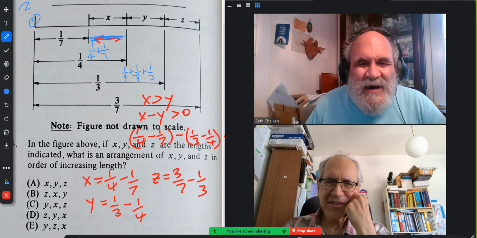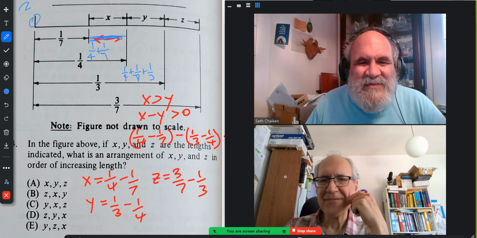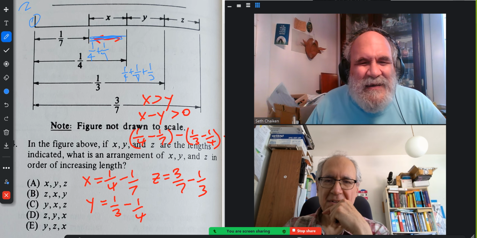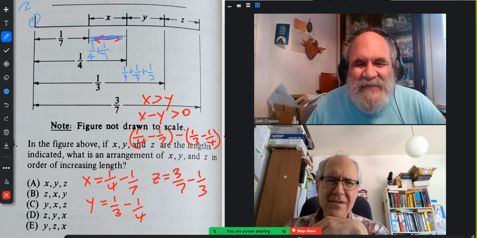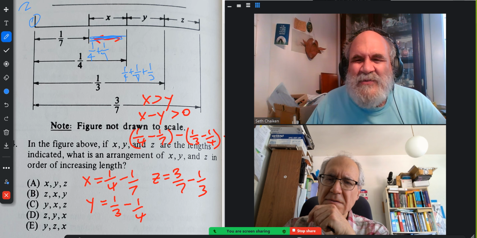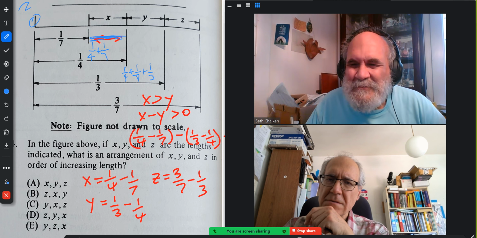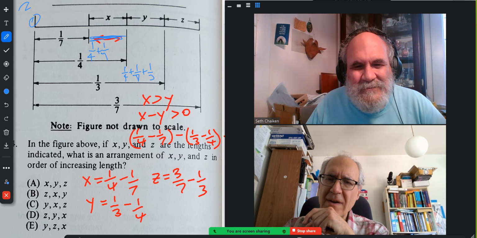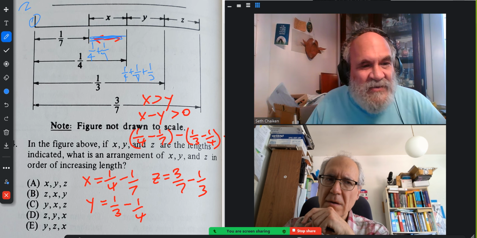That is close, because if it were a sixth, if the 7 were 6, it would be 0. But it's really a 7th, so you're subtracting less. So this is greater than 0. So X is greater than Y.